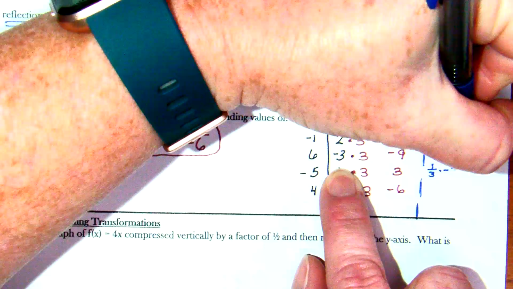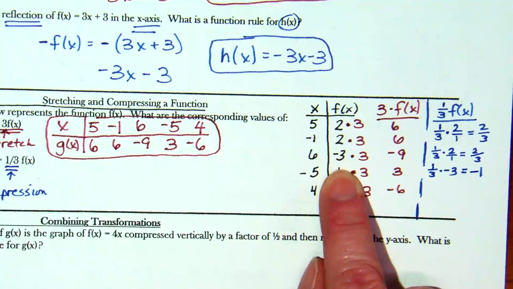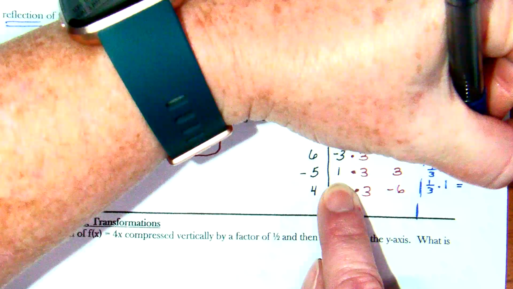Really, when you do 1/3 of something, what are you really doing? You're just dividing by 3. What about 1/3 of 1? 1/3 times 1 is going to be 1/3. And the last one, 1/3 times negative 2 is going to be negative 2/3.